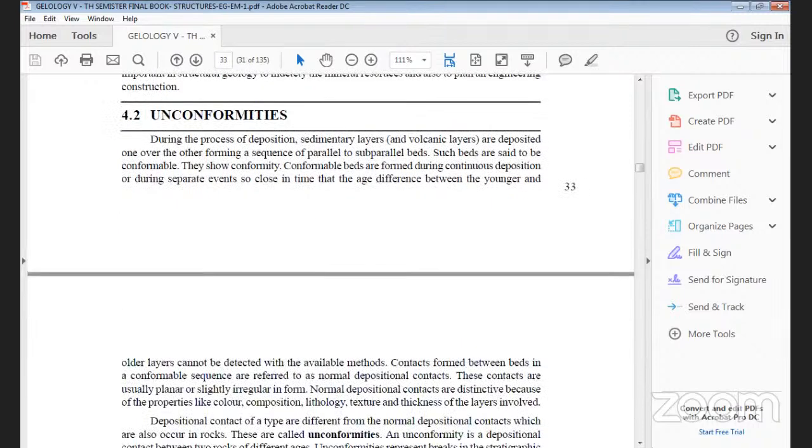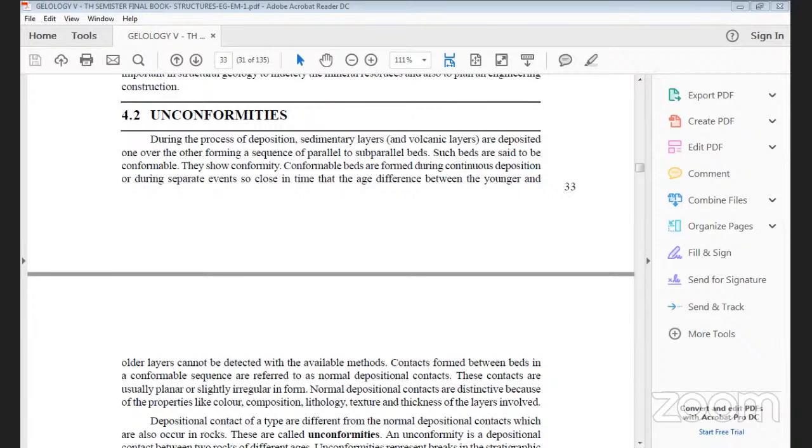Unconformities. During the process of deposition, the sedimentary layers and the volcanic layers are deposited one over the other, forming a sequence of parallel to subparallel beds.